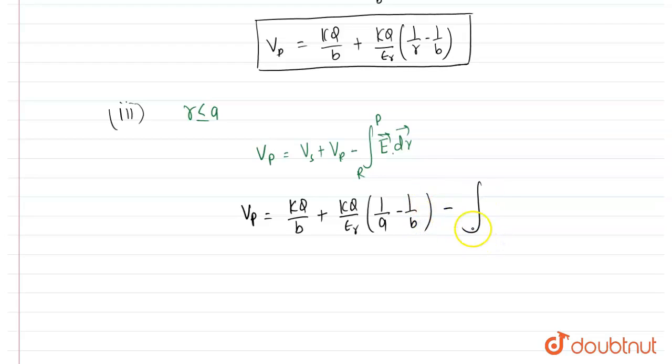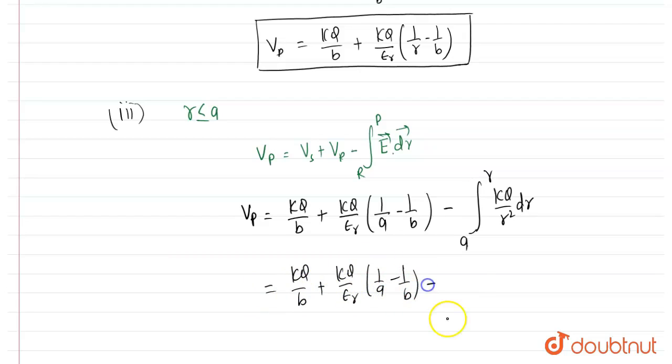Minus integration from the inner surface, that is a, to r, of electric field kQ upon r square dr. Here we have to put the limit, so minus kq upon r, limit a to small r.